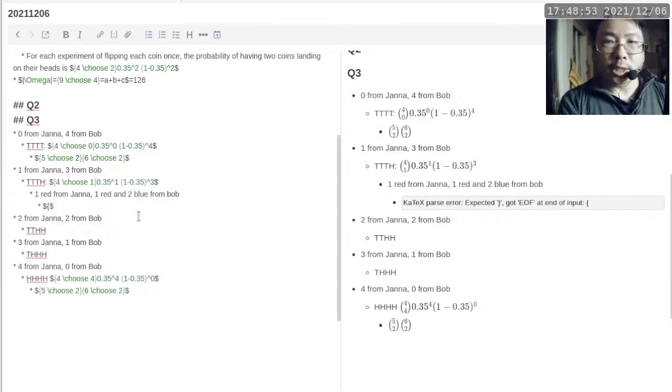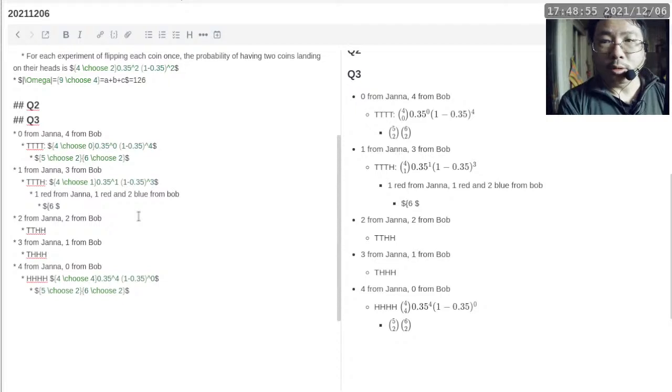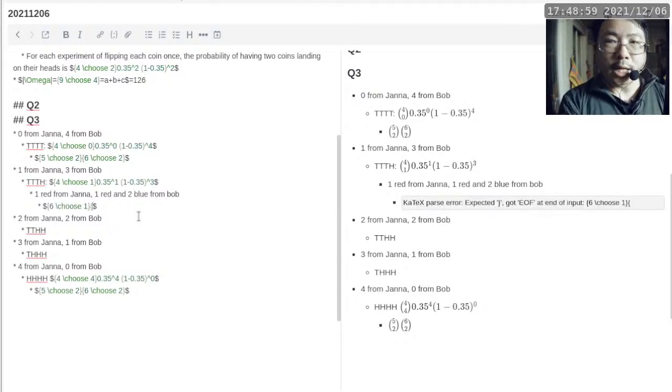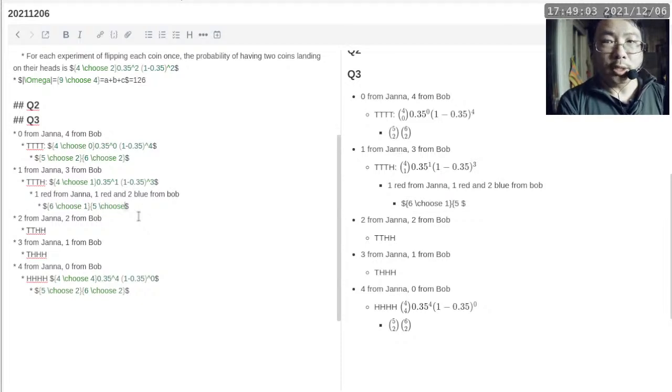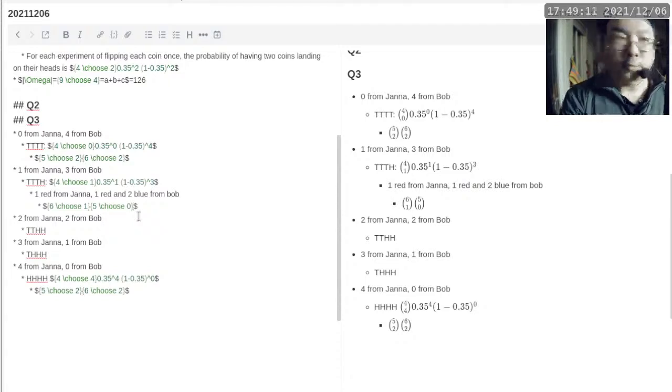Jana has 6 reds to begin with, so of the 6, we choose 1, and I know we don't need to specify this, but I'm going to do it anyway, because this will help you with the more general case later on: of the 5 blue ones from Jana, we're choosing none of them. So very good. So Armand is getting that idea too.